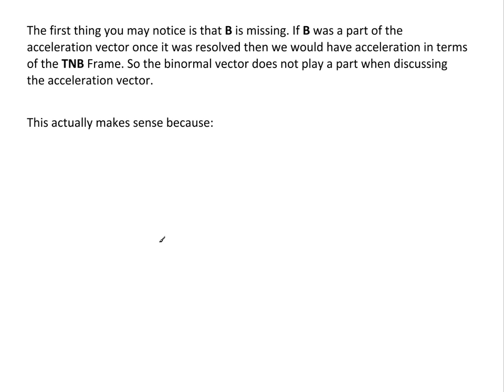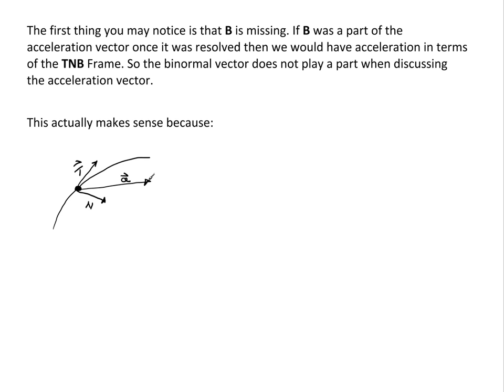And really, this makes sense because if I draw that picture again, I'm going to have this space curve, and here's a particle moving along the space curve. And I have this acceleration vector, which is going to have a component. Here's my unit tangent vector, here's my unit normal vector.